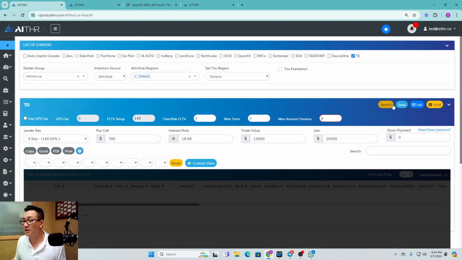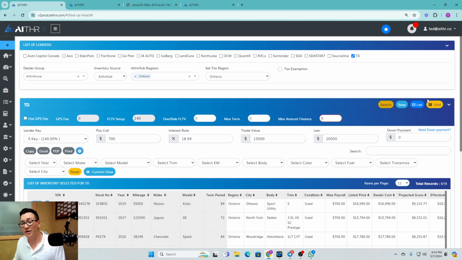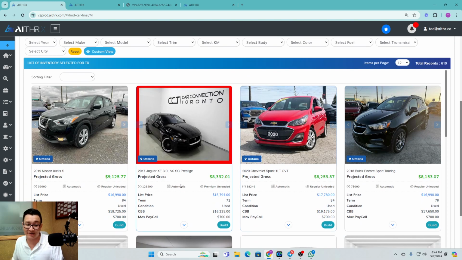I click search, and once it populates the vehicles that work, my vision is, let's imagine this 2017 Jaguar's projected gross was 8,300, and this vehicle was a repo unit. Imagine having a star or an asterisk here that I could hover over, and it says it's a repo unit, that by booking it with ACC, the gross profit will be $10,332, or could be $9,332.